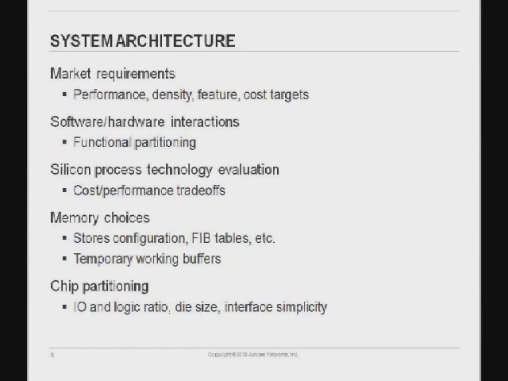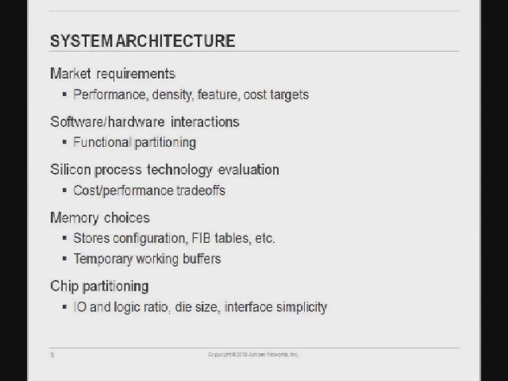And we do silicon fabrication process technology evaluations. And I have another slide to talk about more details, but that's the cost-performance trade-off we do. And a very important aspect of designing ASICs in routers is the choice of memories.